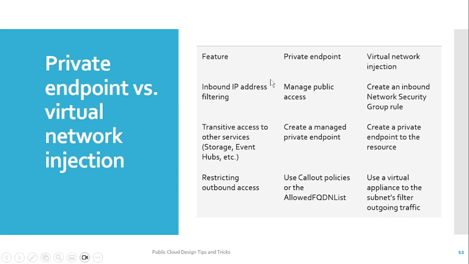So you can see here there are two columns: one is private endpoint and the other is virtual network injection. For inbound IP address filtering, you can use the public access setting that I was showing, and also, in your virtual network injection, you can have your own NSG rules to restrict the inbound reachability from your inbound IP addresses. Then for transitive access to your other services like storage, Event Hubs, and others, you can use a managed private endpoint in the case of private endpoint, so that you can establish secure connectivity from your Data Explorer to that particular service, but in a managed way where you do not have to worry about that endpoint part.